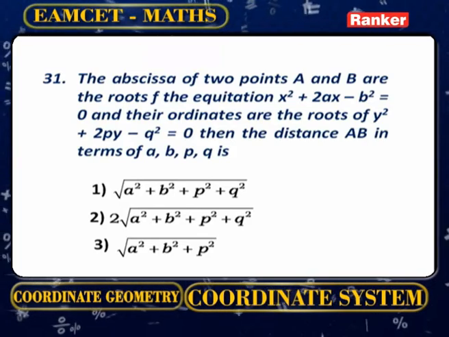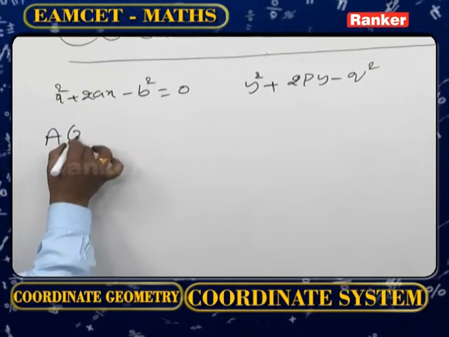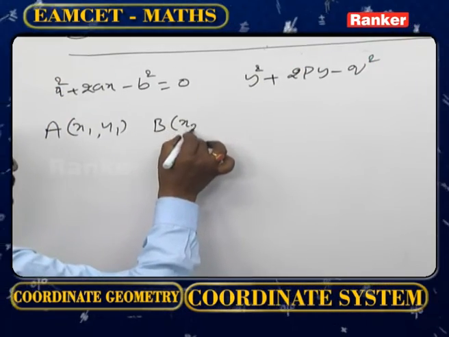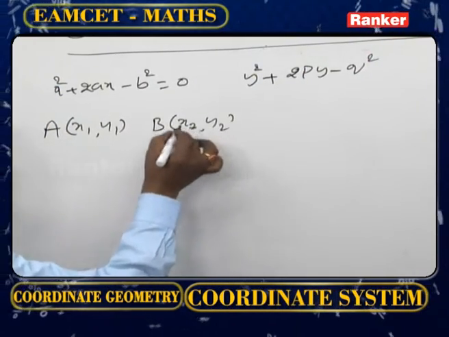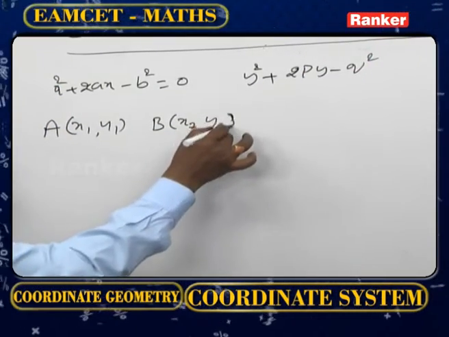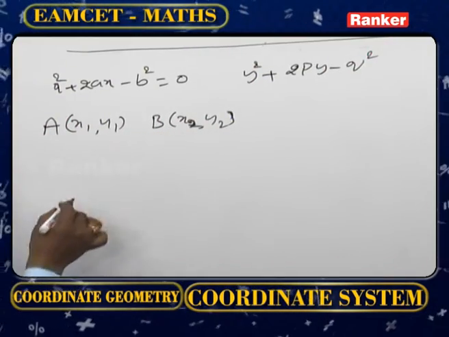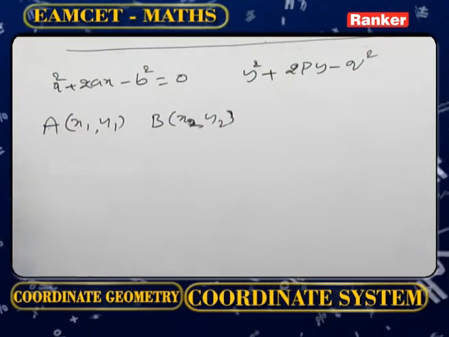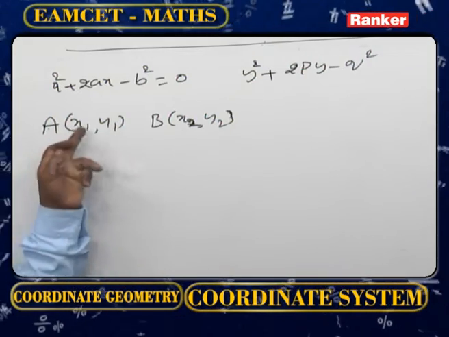Now suppose consider A x1, y1 and B x2, y2 are 2 points. Here the abscissae of the points A and B are nothing but the x coordinates of the points.